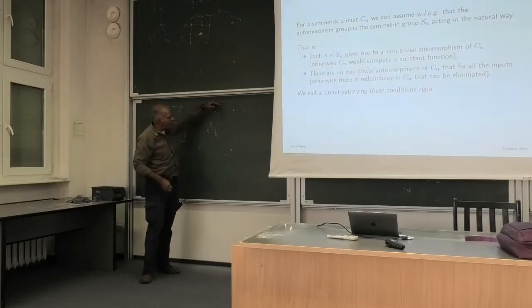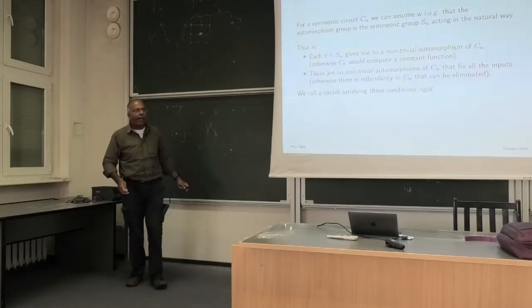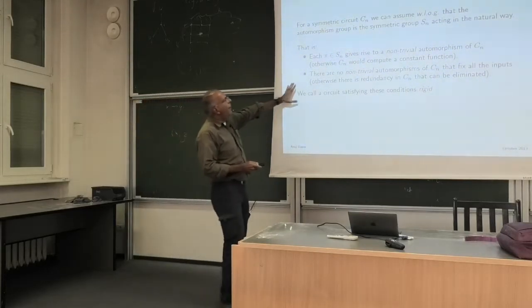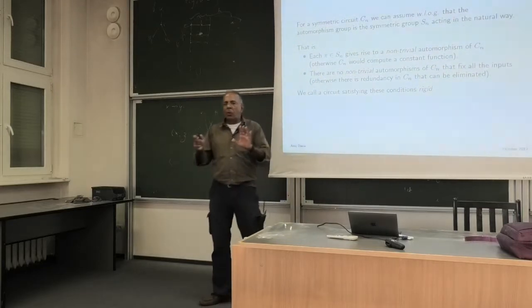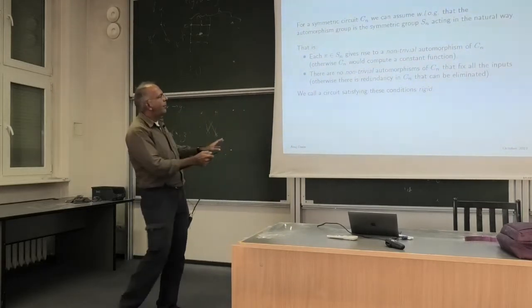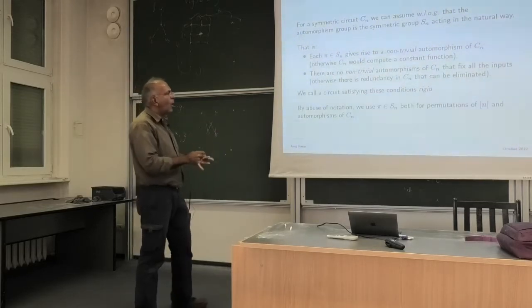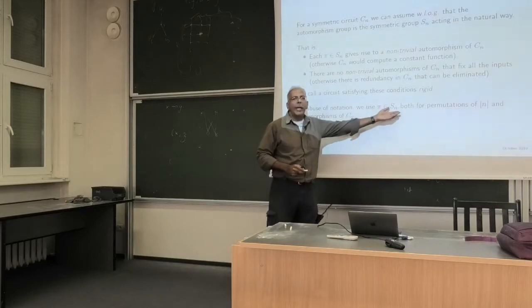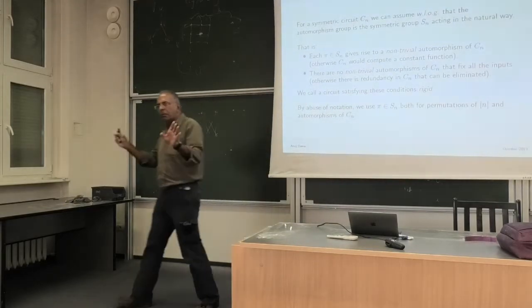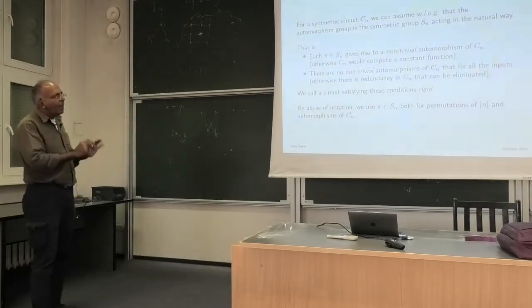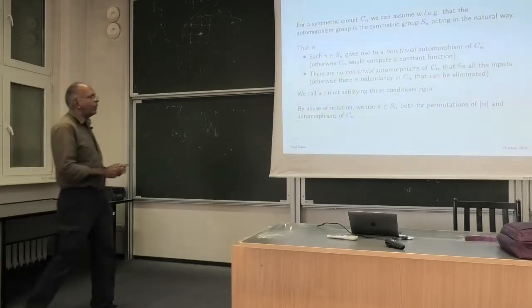We can show this, in fact you can do this inductively, eliminate all the redundant gates, and then you end up with a circuit whose automorphisms are exactly those generated by permutations of Sn. So in other words, the automorphism group of the circuit is really isomorphic to Sn as a group. Okay? We make this assumption. We call such circuits rigid.